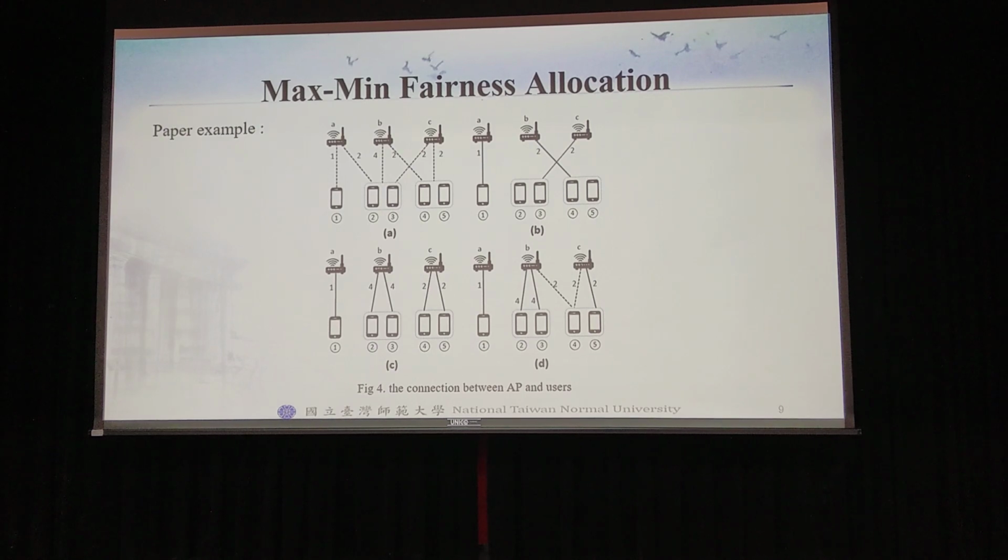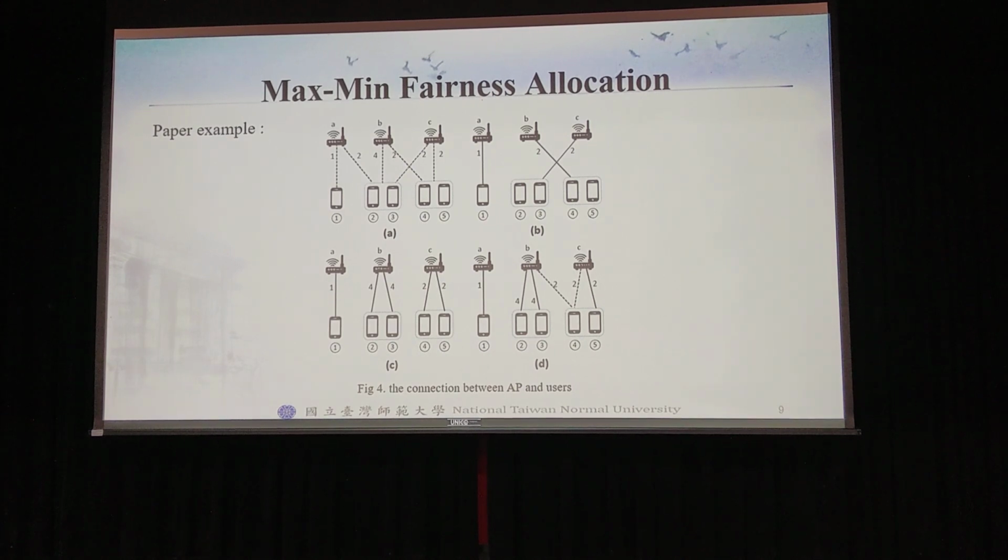And in figure C, AP A is connected to user 1 with a connection rate of 1. AP B is connected to user 2 and user 3 with a connection rate of 4. And AP C is connected to user 4 and user 5 with a connection rate of 2 each. And for figure D, AP A is connected to user 1 with a connection rate of 1.